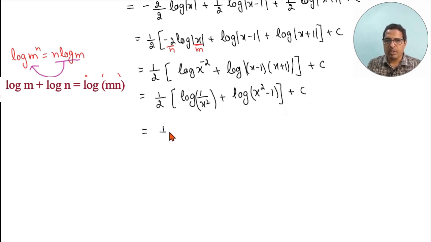Or further we can simplify this one, 1 by 2. Once again it is in the form of log m plus log n, which can be written as log m into n. So it becomes x square minus 1 divided by x square plus the constant of integration c.